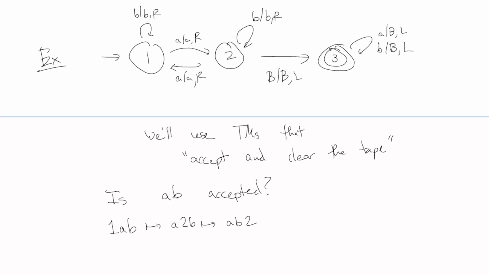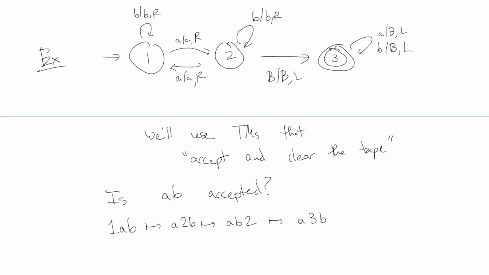And now 2 is looking at a blank. I do the blank, blank, L line, and this will now say A3B. It was in state 2, seeing a blank, changes to state 3 and moves to the left. So the head moves to the left one and becomes state 3. So it now says A3B.